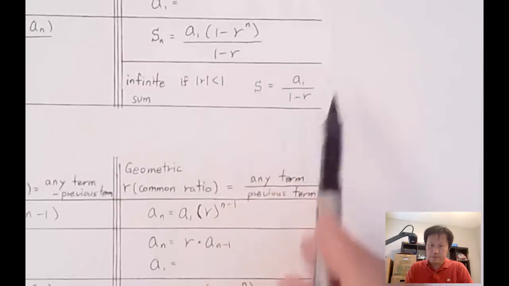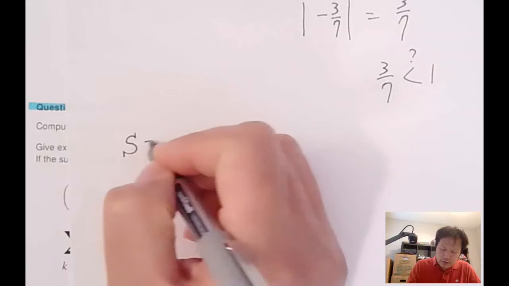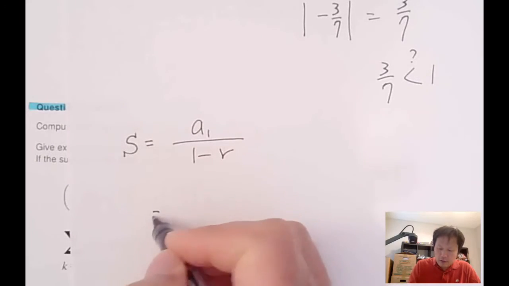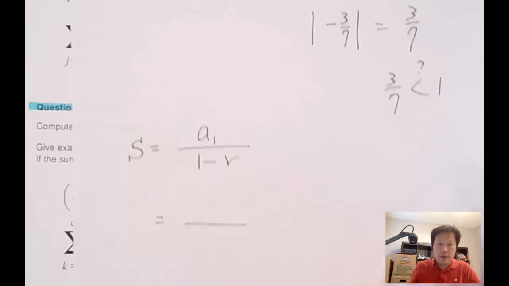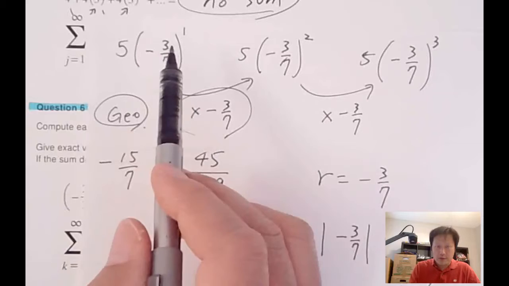So S equals a sub 1 all over 1 minus r. a sub 1 is the first element. When you plug in 1 for this expression, we got the first element was minus 15/7.